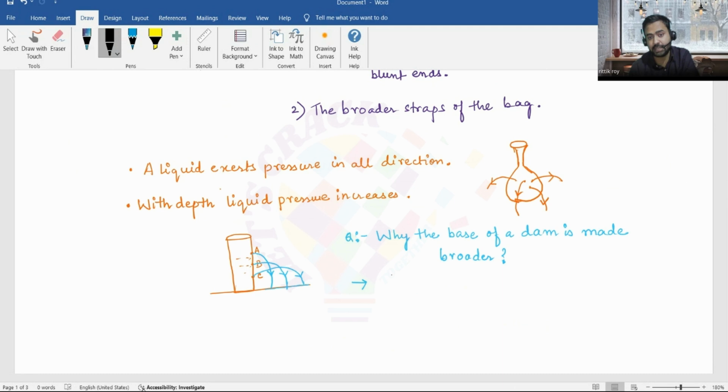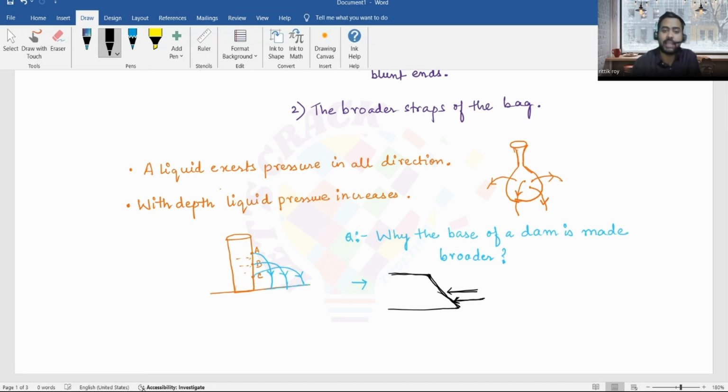Suppose this is my dam, you can see this area is made broader. Why? Because with depth the liquid pressure increases, so the pressure applied to this lower portion of the dam will be comparatively more than at this one. So if I make it broad, it can withstand that pressure. That's why, since liquid pressure increases with depth, the base of the dam is made broader.